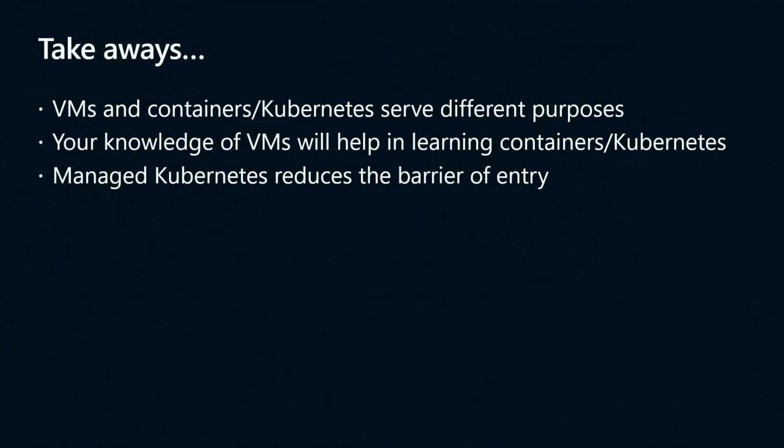takeaways from the session. So VMs and containers, they serve different purposes. Containers and Kubernetes are not going to replace VMs. They serve different purposes. It's important for you to know when to use each. So if it makes sense to continue to use VMs, keep doing VMs. As someone managing the infrastructure, it's important for you to know how to operate and how to manage a Kubernetes environment.